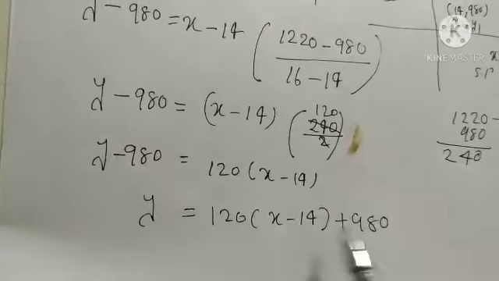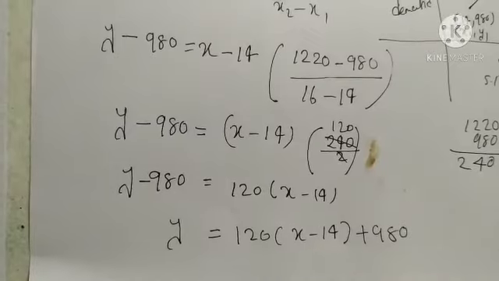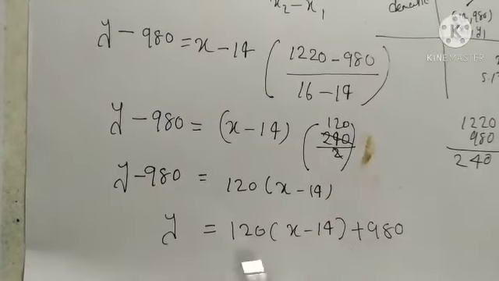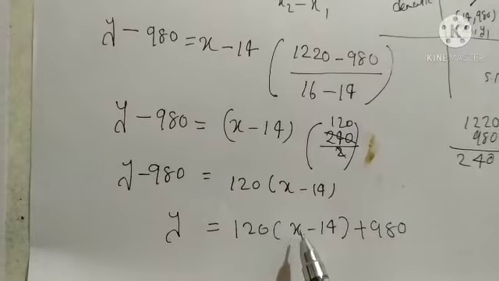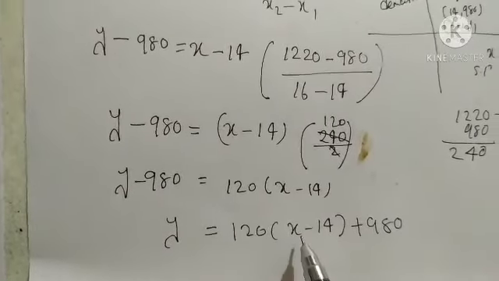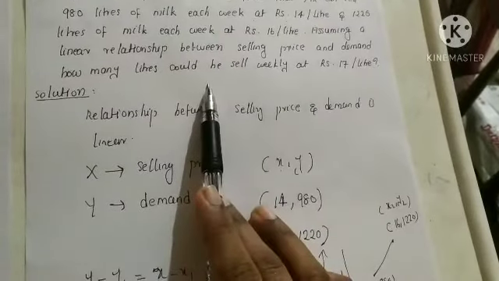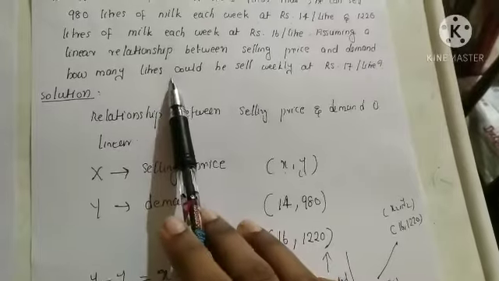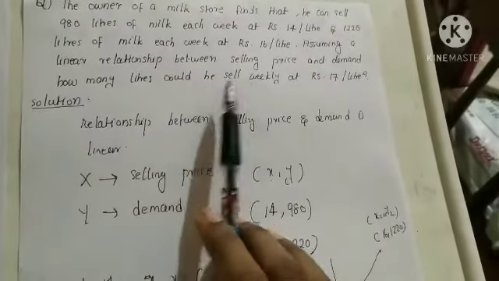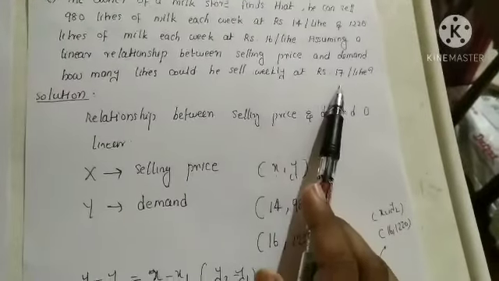Okay, so this is the linear equation of a line which tells the relationship between demand and selling price. Okay, y is the demand and x is the selling price. In this question, we need to find out how many liters of milk the owner of the milk store can sell weekly at rupees 17 per liter.